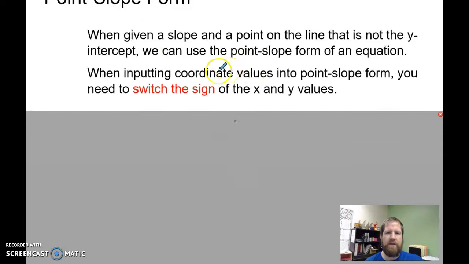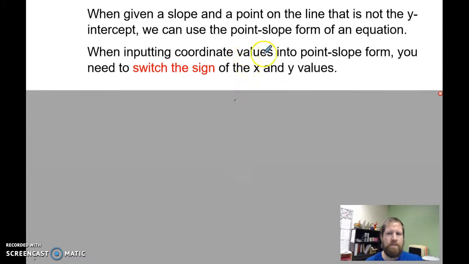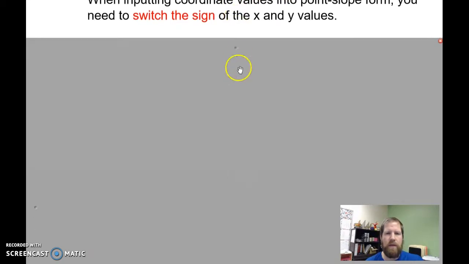Okay. When you're given a slope and a point on the line, that's when you're going to use point slope form. If you have the y-intercept, there's no real reason to use point slope form. You would use slope-intercept form. Okay.